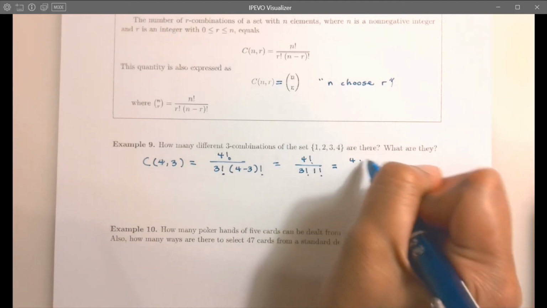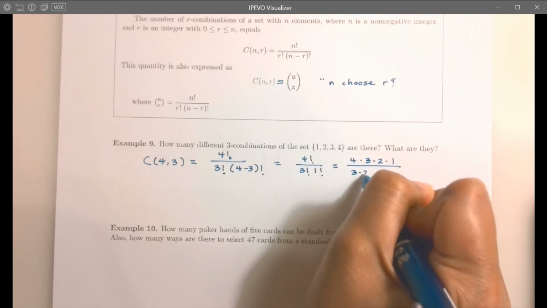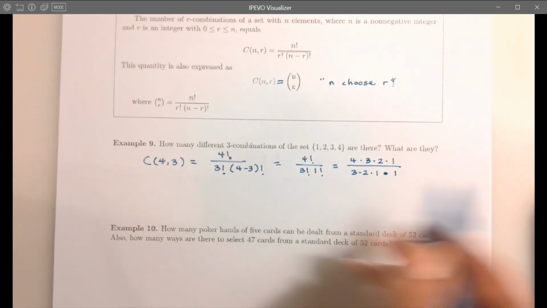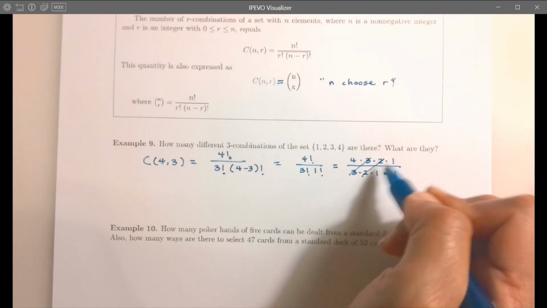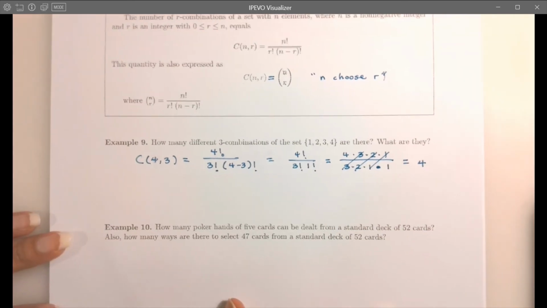And that would be 4 times 3 times 2 times 1 divided by 3 times 2 times 1 and then times 1 for this 1 factorial. So all of these are going to divide out to 1. We're going to end up with 4.